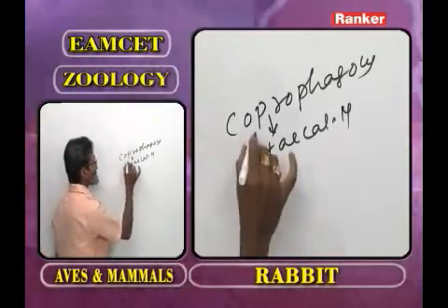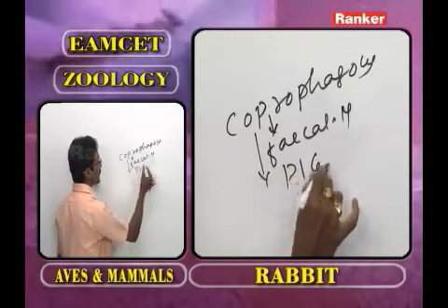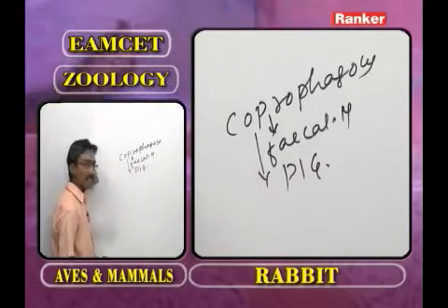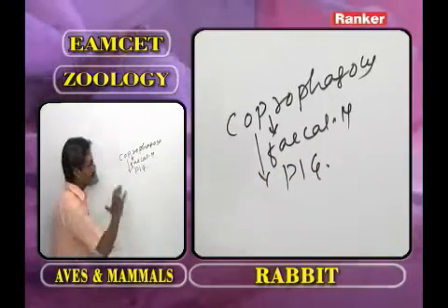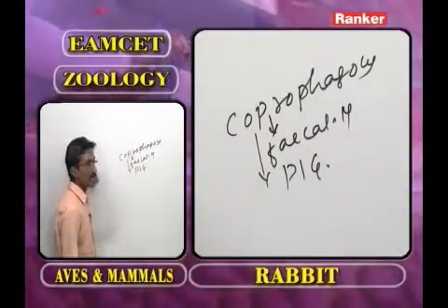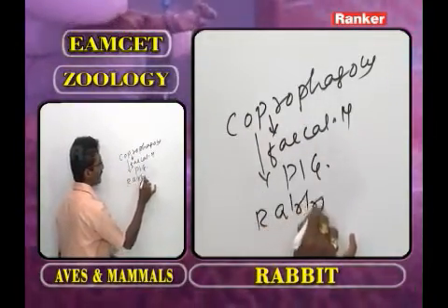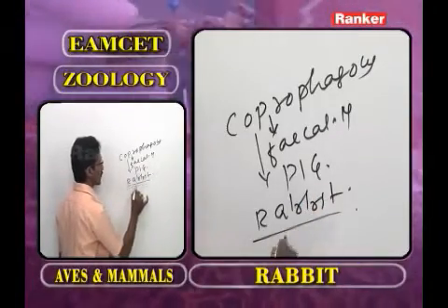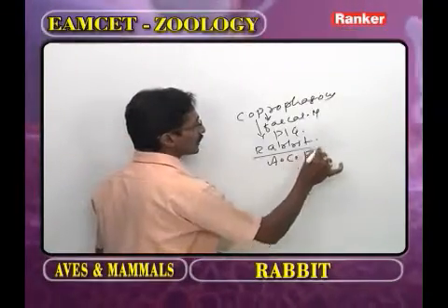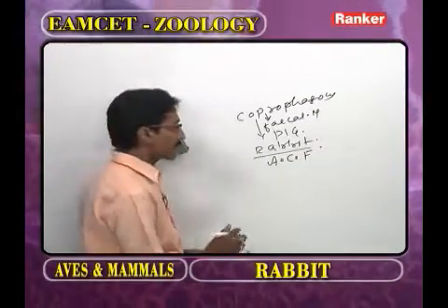What is the classical example? That is pig. The pig eats the fecal matter of all animals, so it is coprophagous. But here, the rabbit is said to be autocoprophagous feeder.